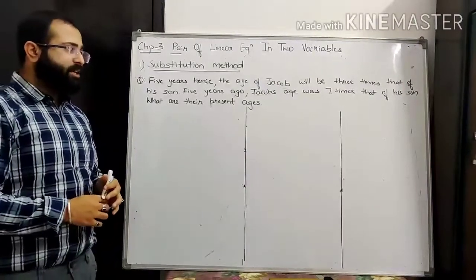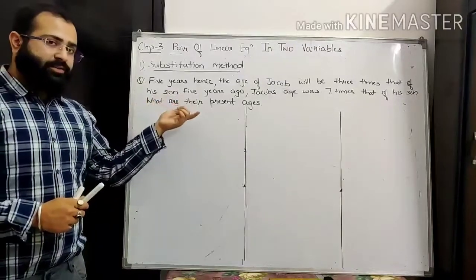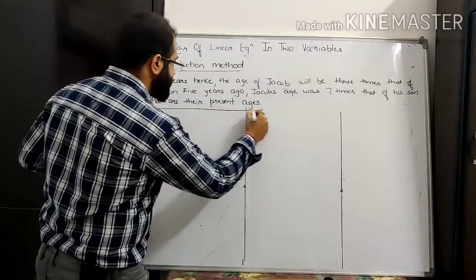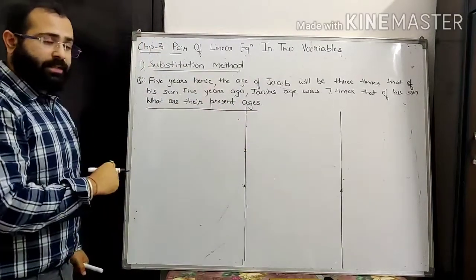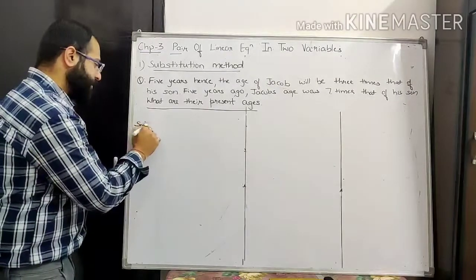Like in the previous video, we learned that what is being asked has to be assumed. You have been asked to find their present ages, so we let their present ages be the variables.